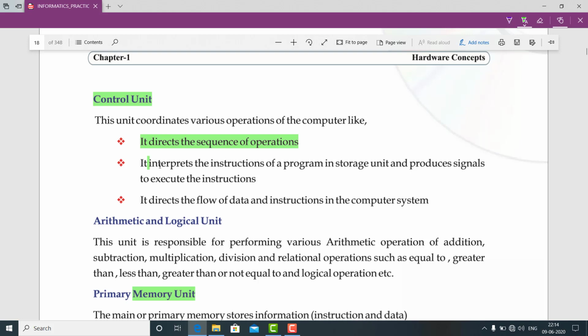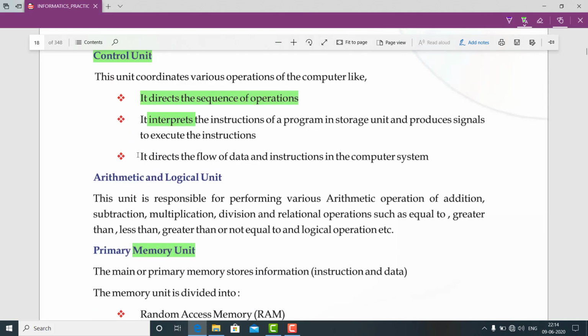So this process is called interpreting the instructions. Clear? Next, it directs the flow of data and instructions in the computer, means it also controls the flow of data, how much record should be executed and what should be executed. So it also controls the flow of data.